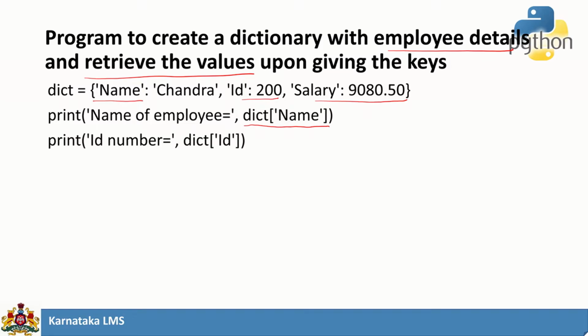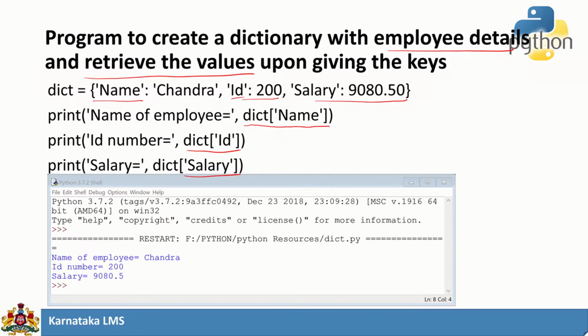To print the ID number, the key is ID, so I'll say dict of ID, and dict of salary. The output will be: the name of the employee is Chandra, ID number is 200, and the salary is 9080.5. So we cannot access the dictionary by using the index.